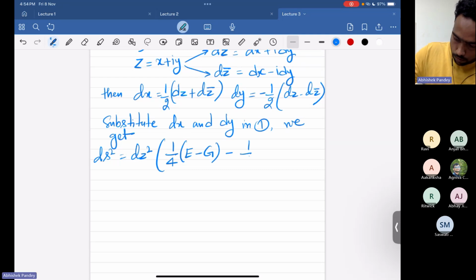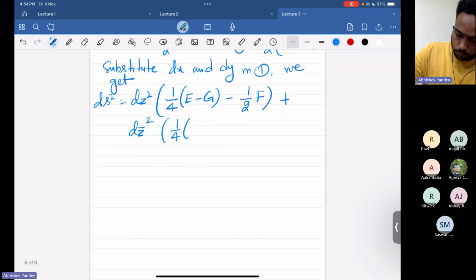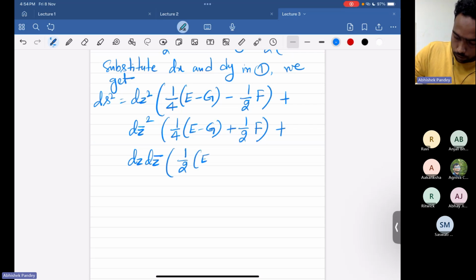Minus 1 by 2 F plus dz bar square over 4. We have to find 1 by 2 (E minus G) plus 1 by 2 F plus dz bar into 1 by 2 (E plus G).